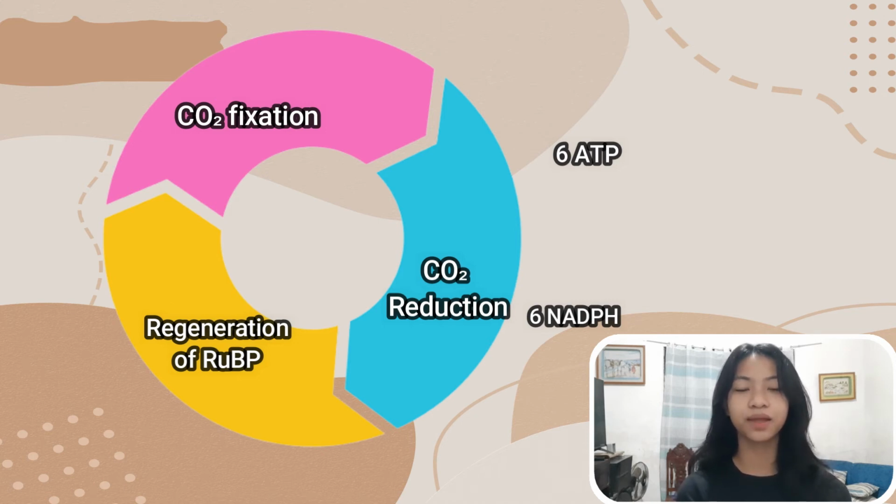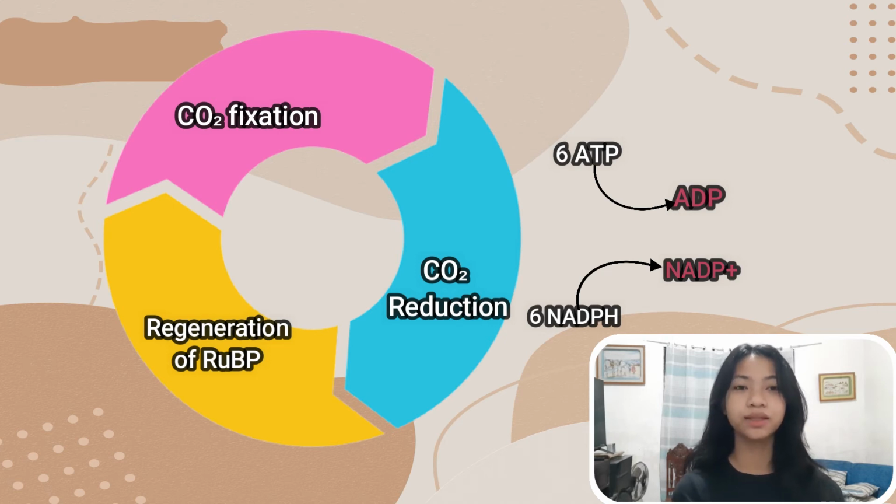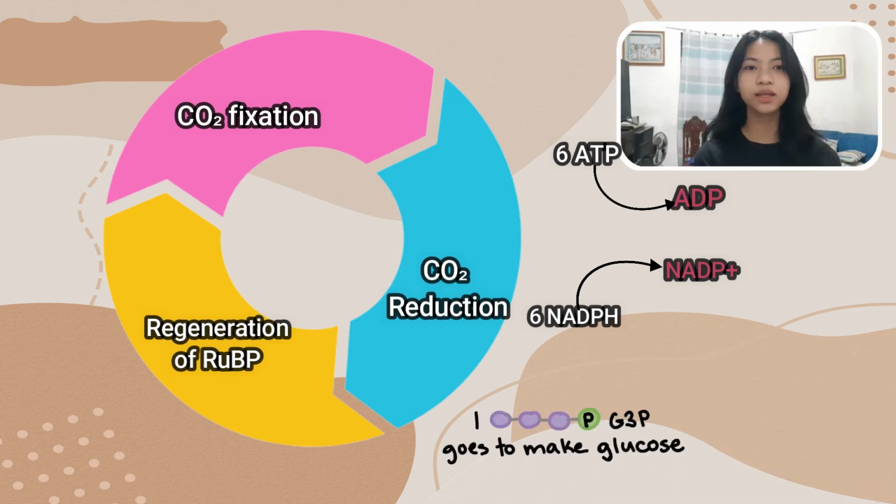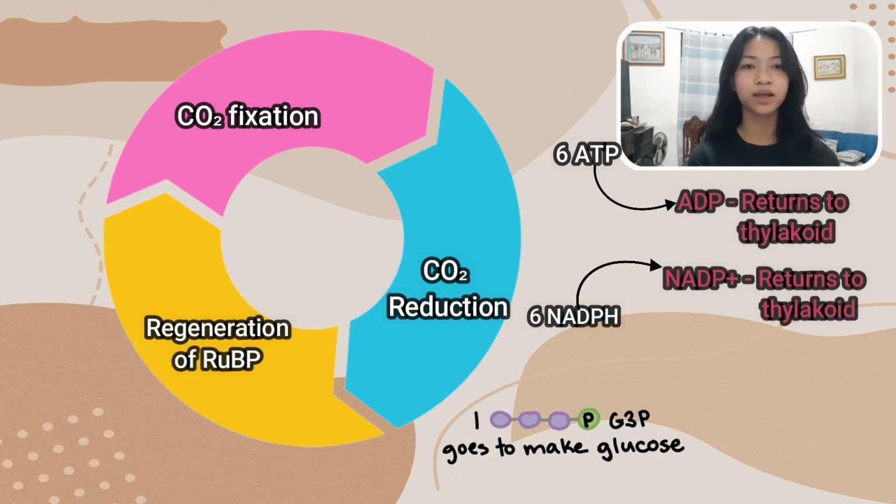Electrons are added from NADPH and through a series of reactions, 3-PG is reduced to form G3P, a carbohydrate. ADP and NADP+ return to the thylakoids to be converted back to ATP and NADPH by the light reactions.